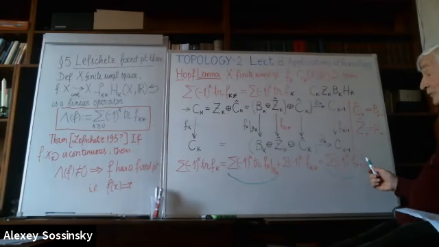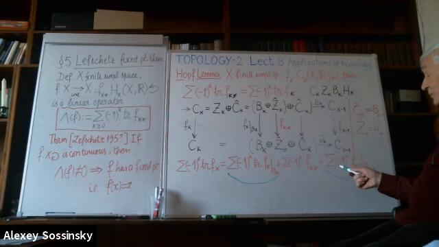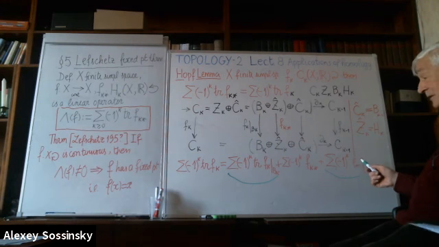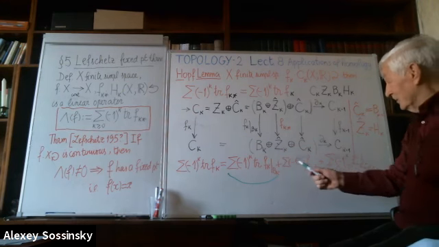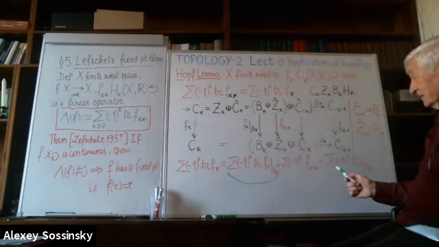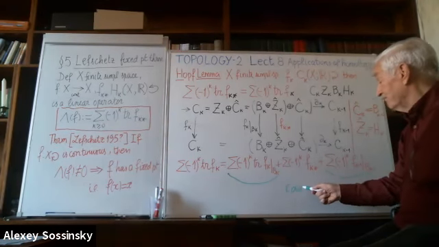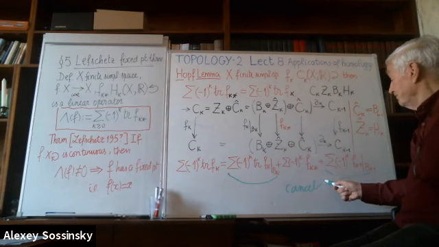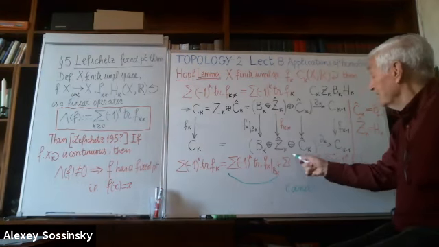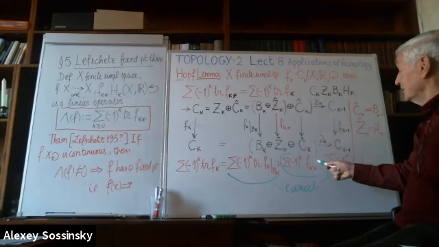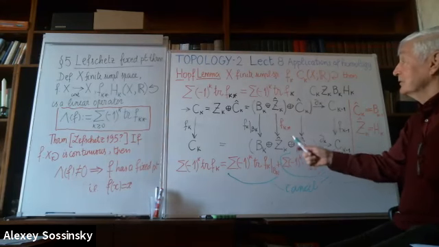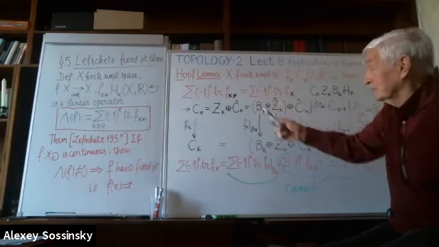So if you change the summation index from k to k minus 1, you get this thing with the opposite sign. So these cancel. And we're left with this, which is what we wanted to prove.